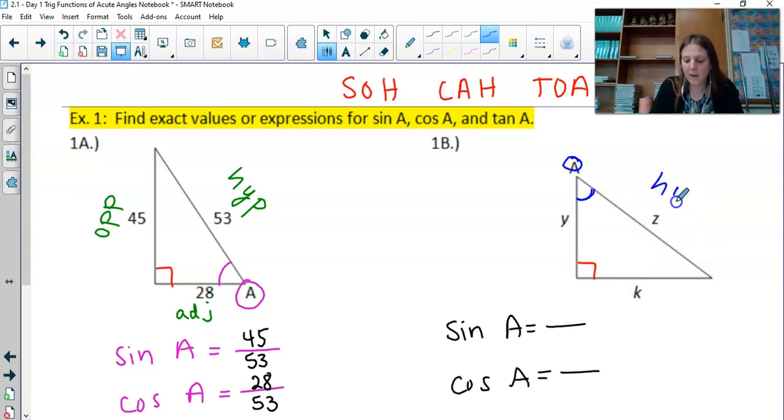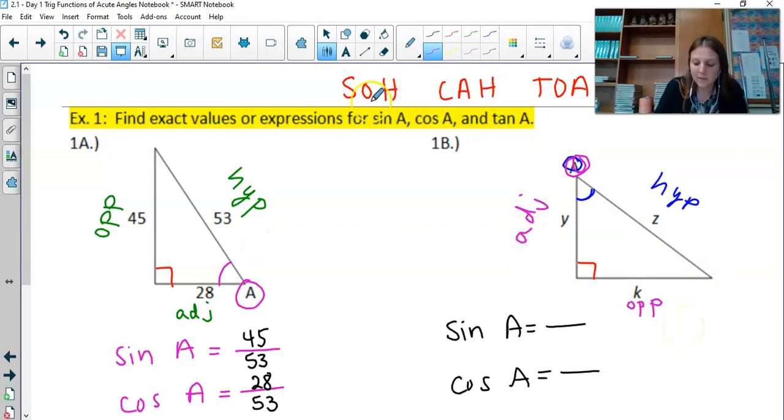So here's my hypotenuse. The other two sides are going to depend on the angle you're working with. So since I'm working with this angle A, the side over here would be the opposite. The one that's over away from it is the opposite. The one that's next to it then is adjacent. And I always label in that order.